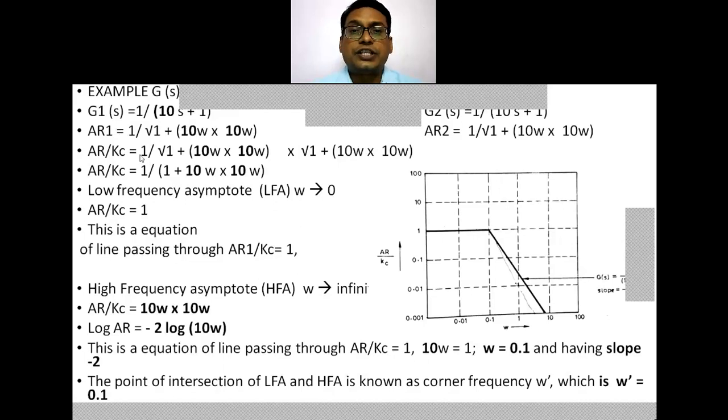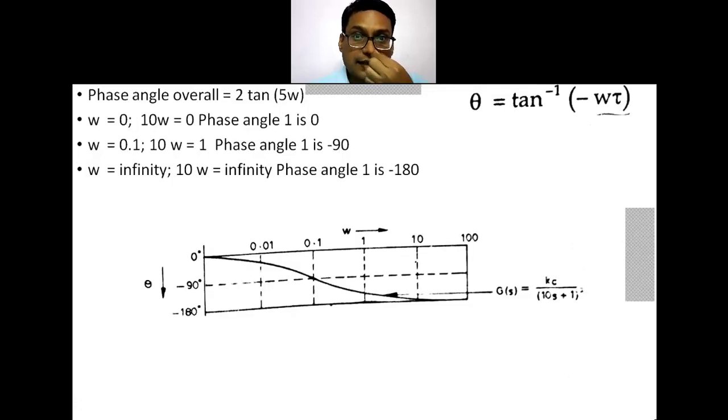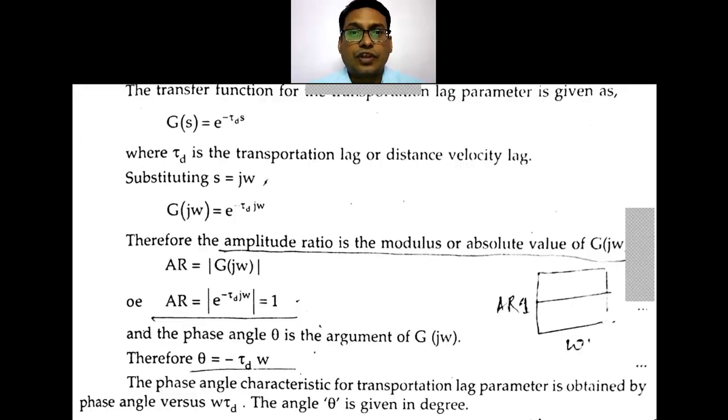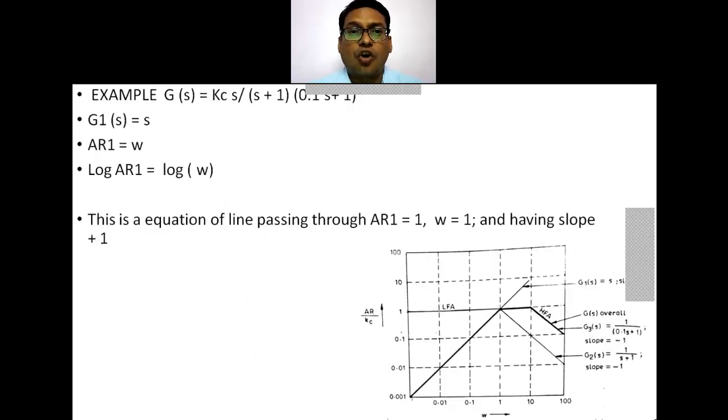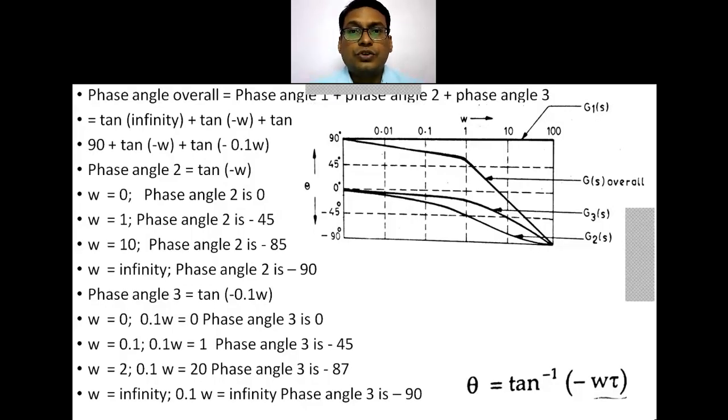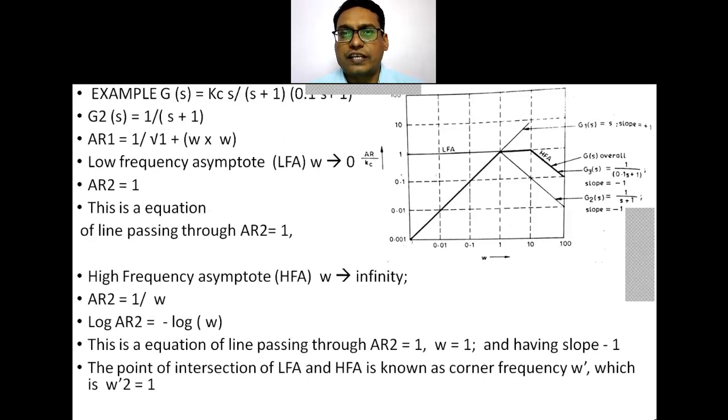However, when it's a question of phase angle, the overall phase angle is nothing but the addition of the phase angles: phase angle 1, phase angle 2, phase angle 3.